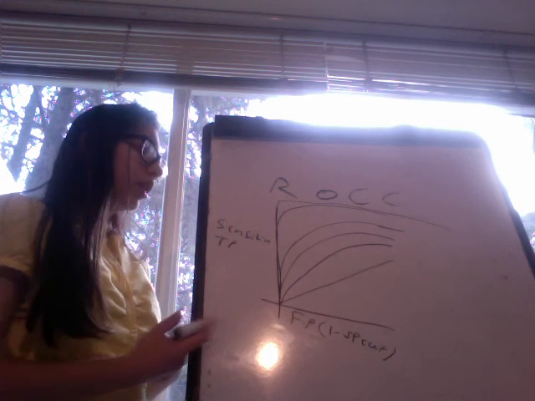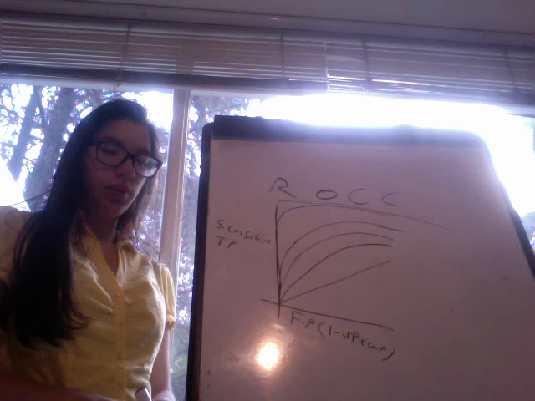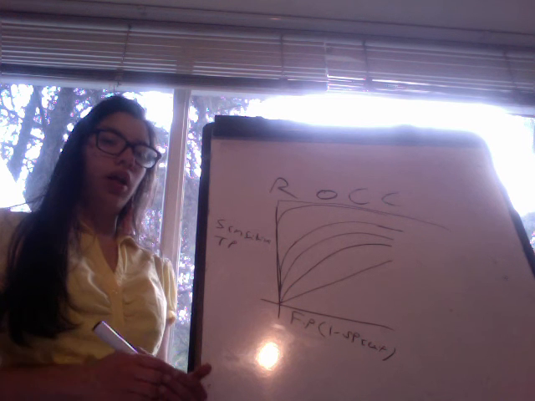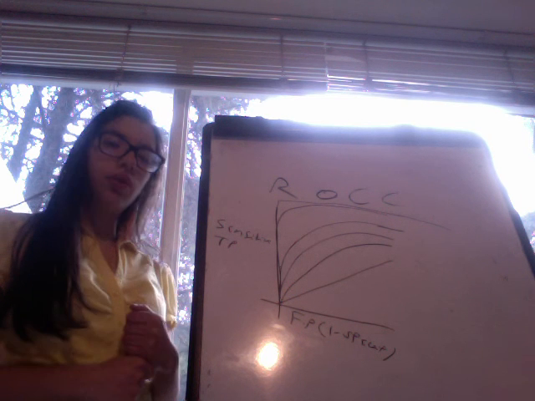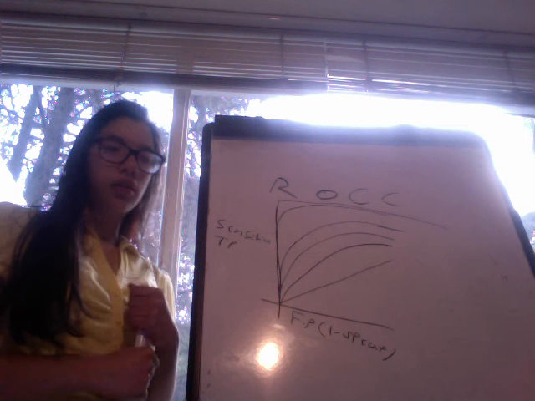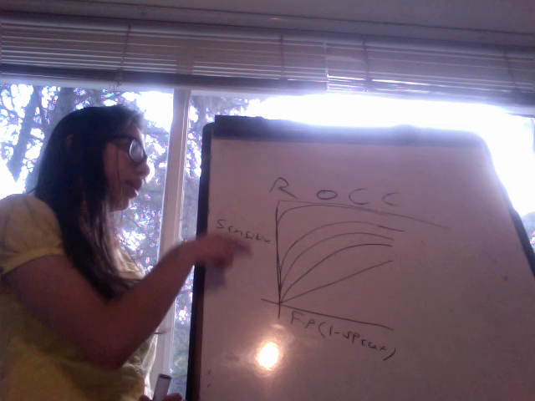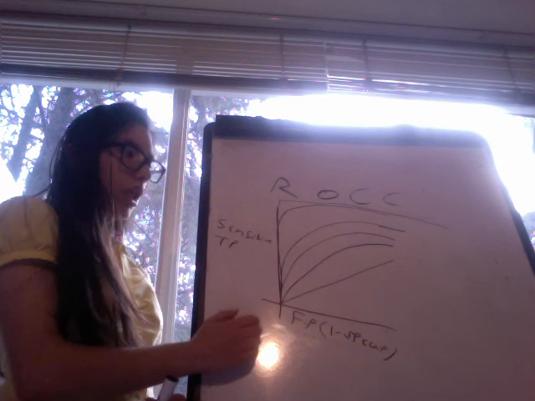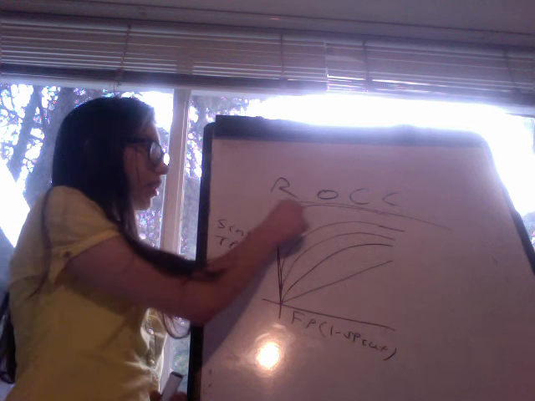We obviously want the screening test that has the greatest sensitivity, but we also don't want too much of it, because with a lot of sensitivity we are including a lot of false positive people that have the test result in order to have a higher sensitivity. So we want the sensitivity to be as great as possible and the false positive rate to be as low as possible. So obviously the best curve would be this last one.